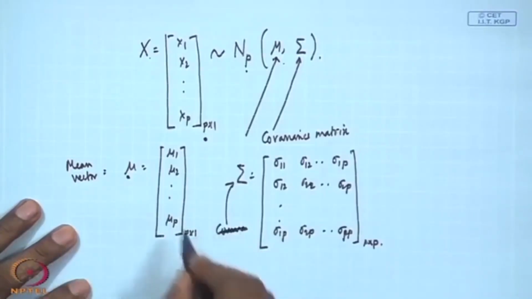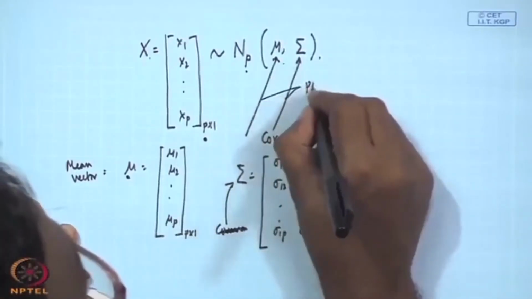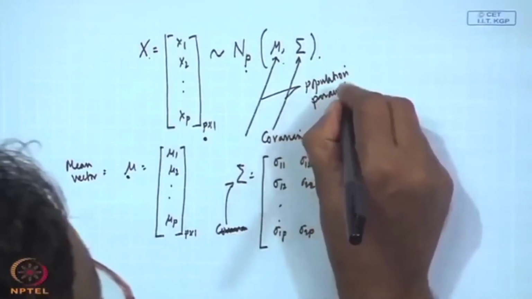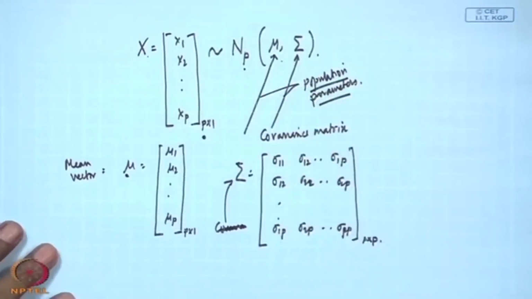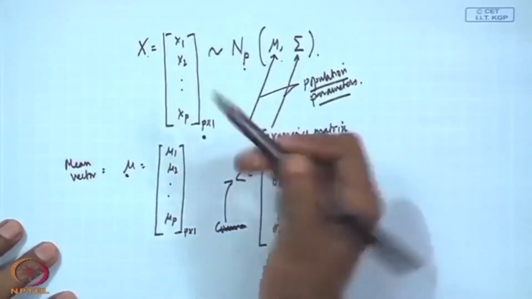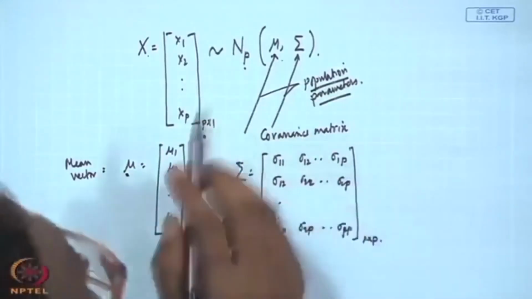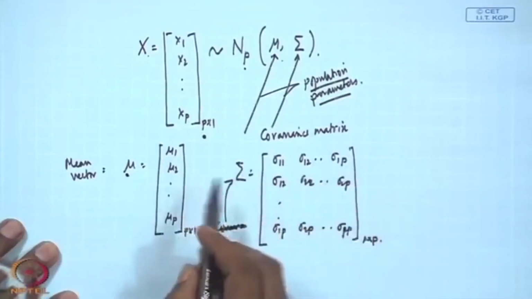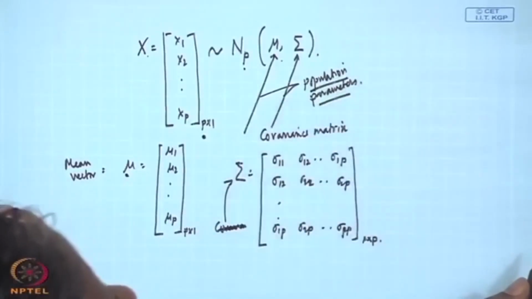Please remember these are population parameters. So far we have not discussed whether the data is coming from a multivariate normal or not, but ultimately we will go to the multivariate normal distribution, because most of the models rely on this assumption of multivariate normality.